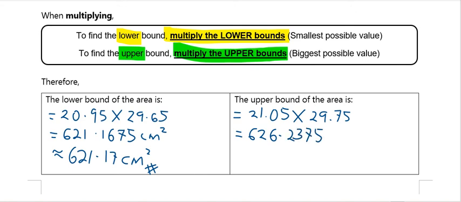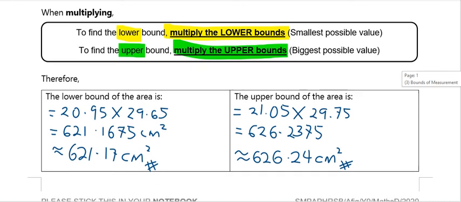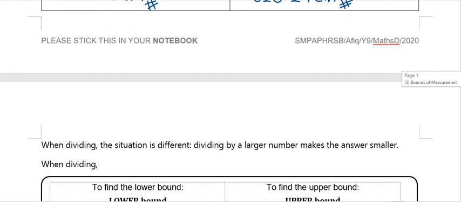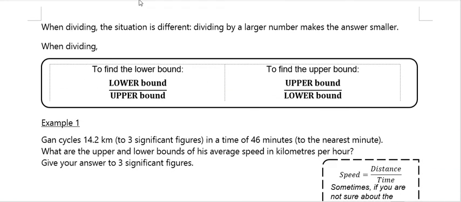This is too accurate, so you will use the more sensible degree of accuracy, which is the same as your dimensions, 2 decimal places. So your answer will be 626.24 centimeters squared. This one uses the more sensible accuracy, but it depends on the question. Sometimes it asks you to round your answer to three significant figures. All right, this is just the idea.